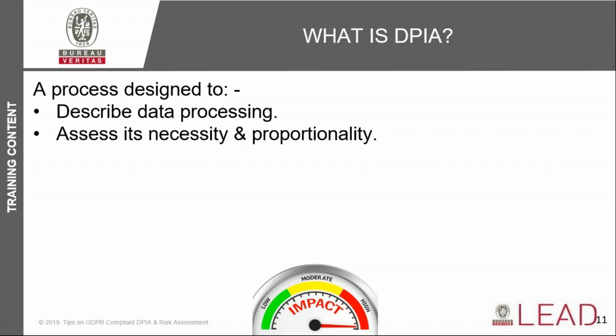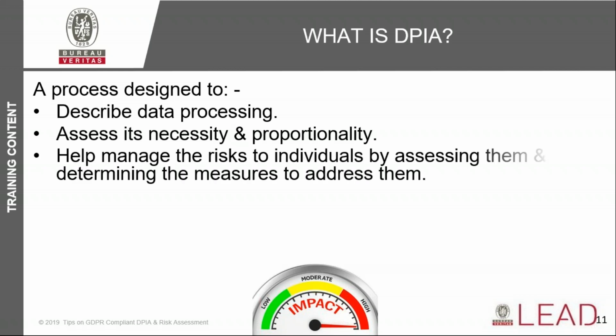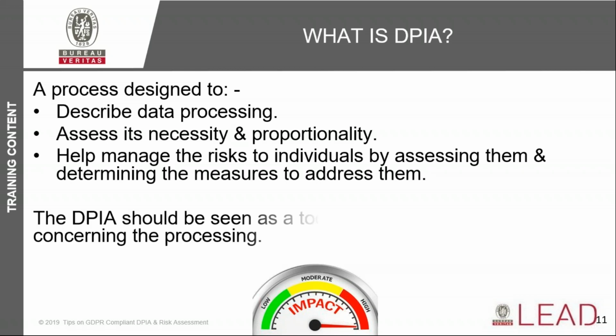So what is DPIA? Well, the DPIA is basically a process to understand the importance of the data that you keep and the level of capabilities that you have for processing it.